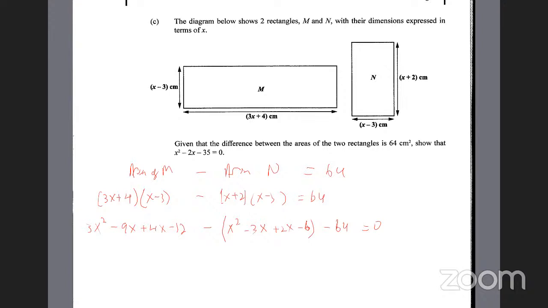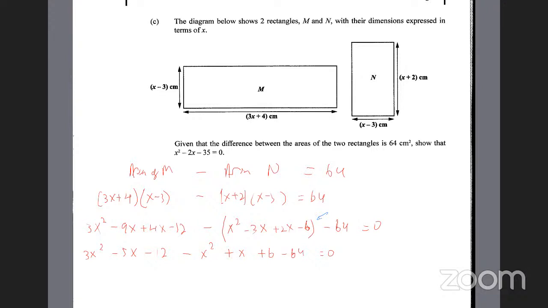So what we will get now, 3x squared minus 5x minus 12 minus x squared. Inside is minus 3x plus 2, so that's minus x, but there's a minus on the outside. That becomes plus x. Minus by minus 6, that's plus 6. Minus 64 is 0. See this bracket here? This bracket is important. You want to make sure you expand it out properly.